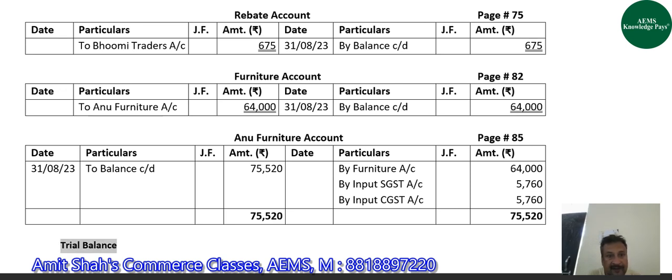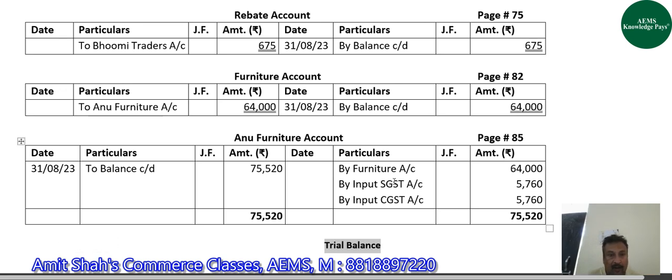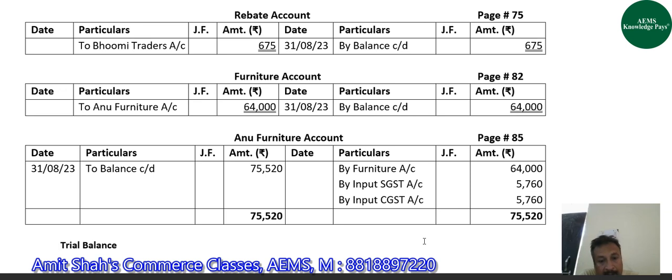So there is no difference, guys, as such in preparation of trial balance. What we did under our first flow, where we had only general journal book and then ledger and then trial balance, the left hand side flow, right? There also we make trial balance by taking balances from ledger accounts.